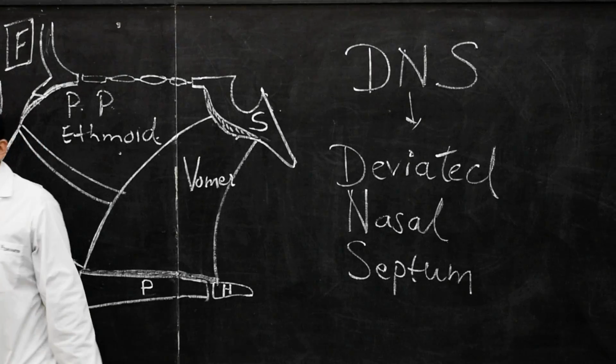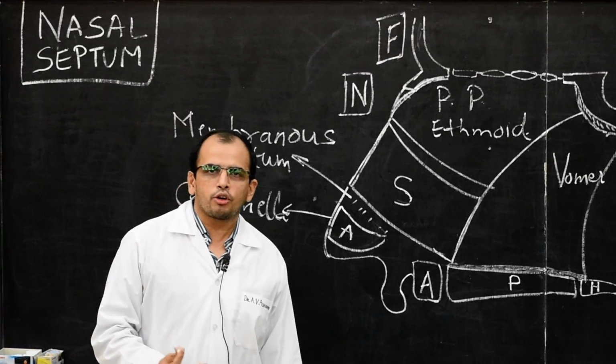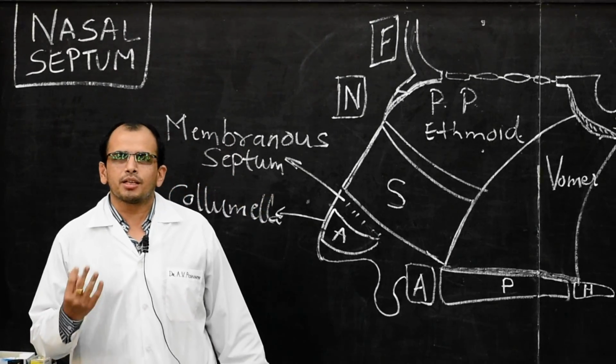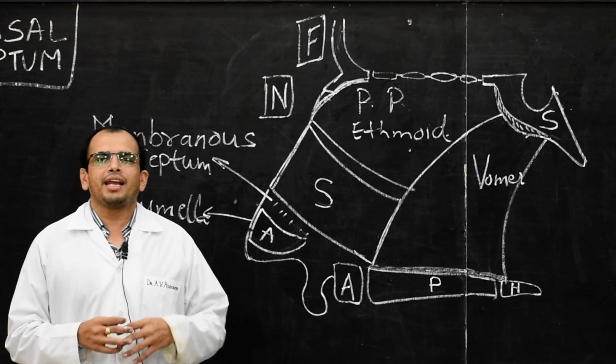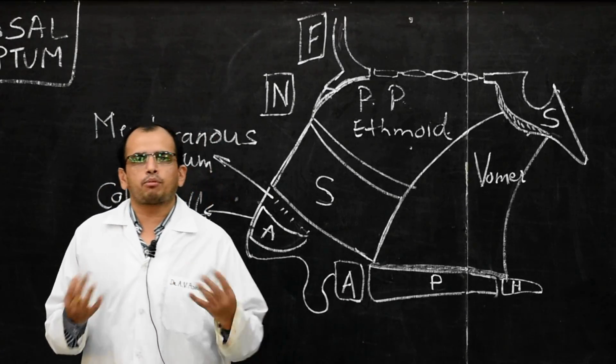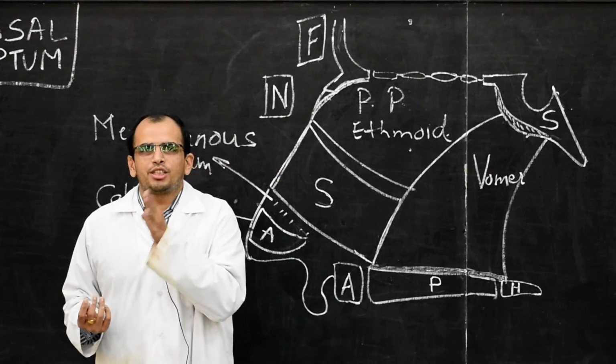Now this deviated nasal septum generally does not cause much problem to the majority of people, but in some people it can cause recurrent nasal infection, recurrent nasal blockage or some other problems. So in that case, this deviated nasal septum needs to be corrected.